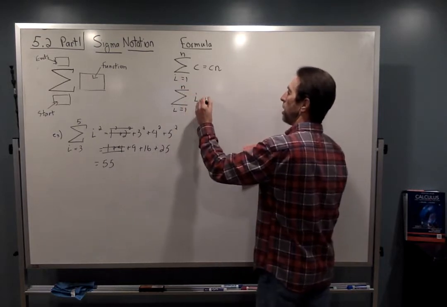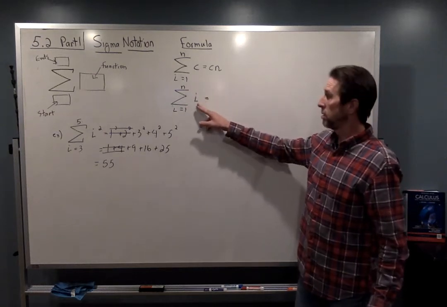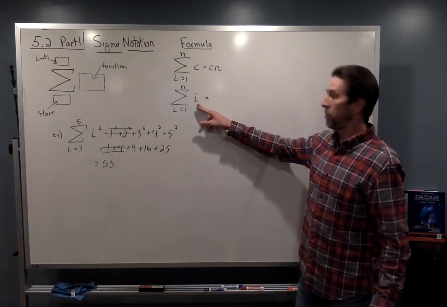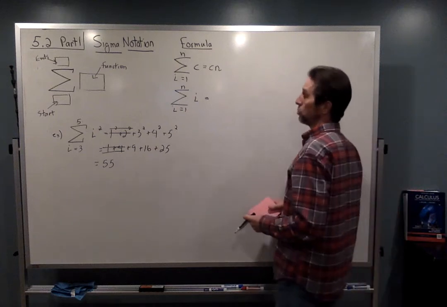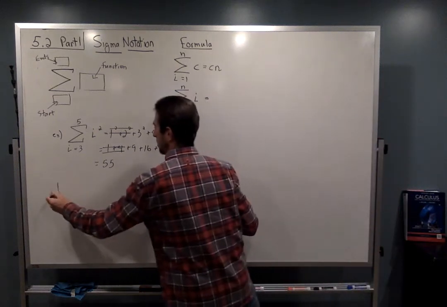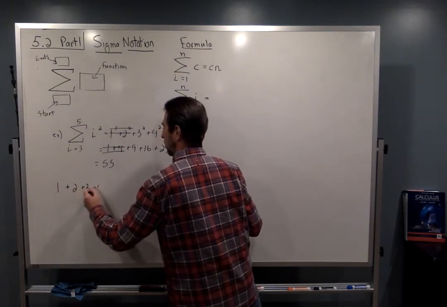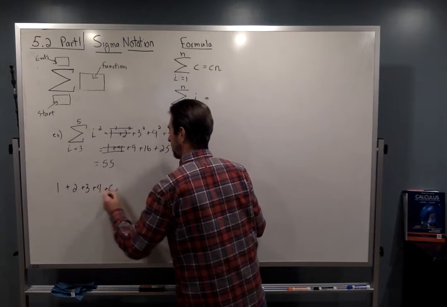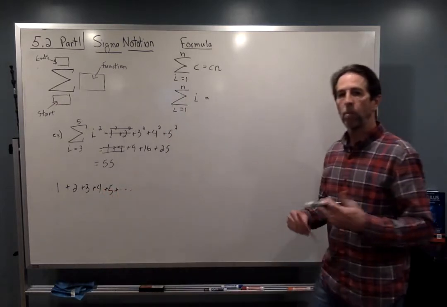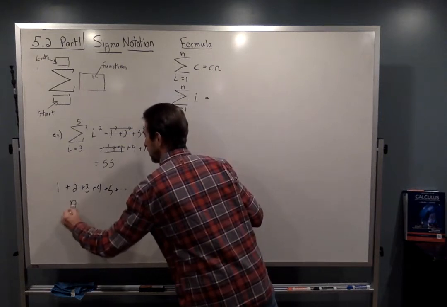Here's another one. What if we add the numbers from 1 to n of the function i? Well, what this would look like, off to the side maybe, it would just be 1 plus 2 plus 3 plus 4 plus 5 plus and so on. And from a previous course that you've studied, this is an arithmetic series.